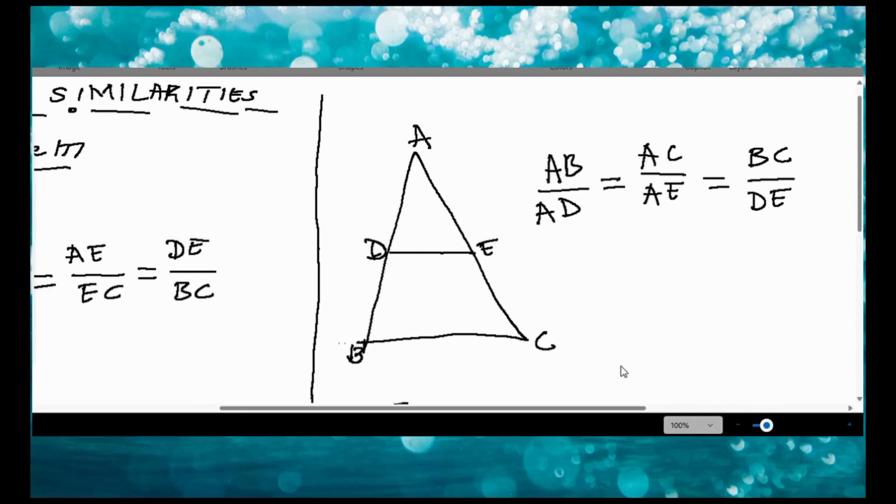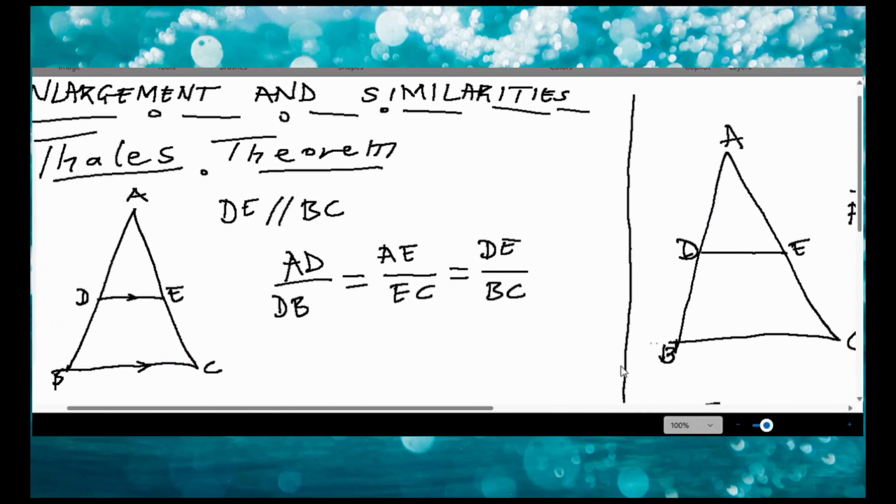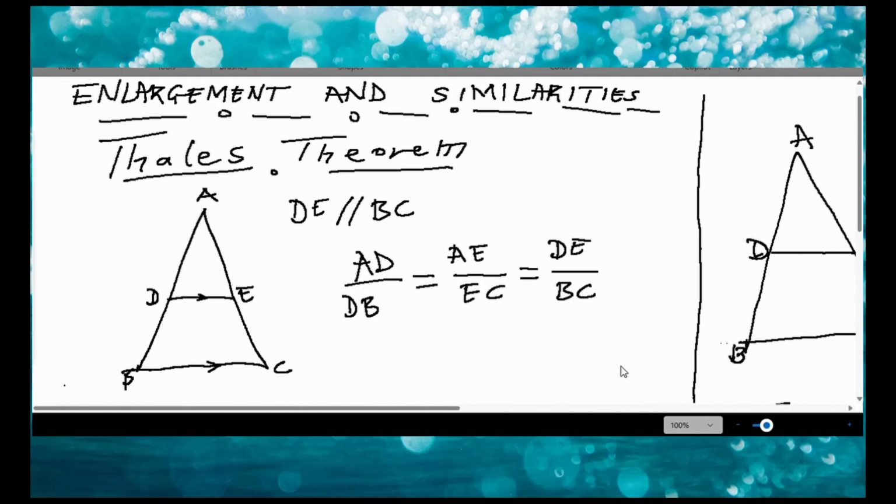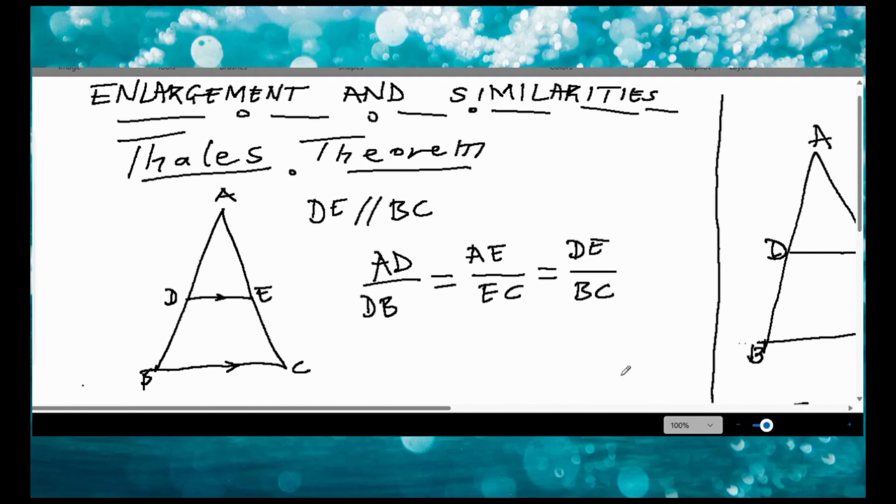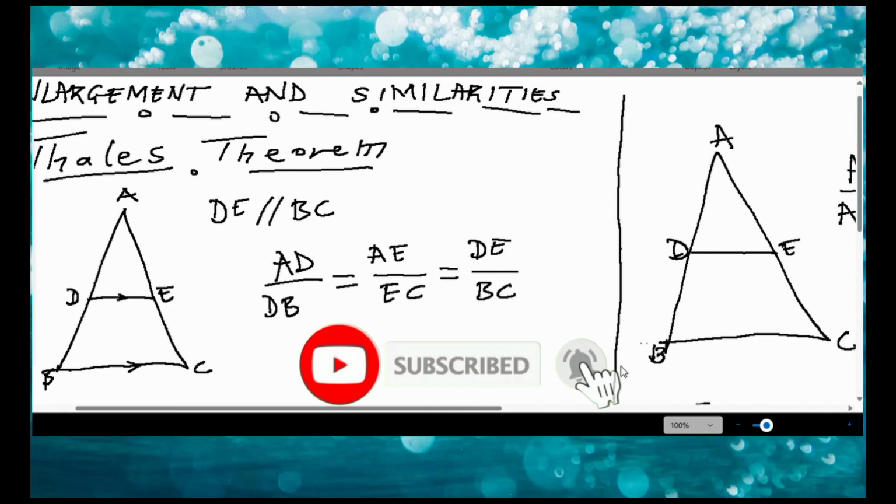Now let us also look at another aspect, which is actually the same as this first triangle. You see crystal clear that this triangle is not truncated, but DE and BC are parallel.